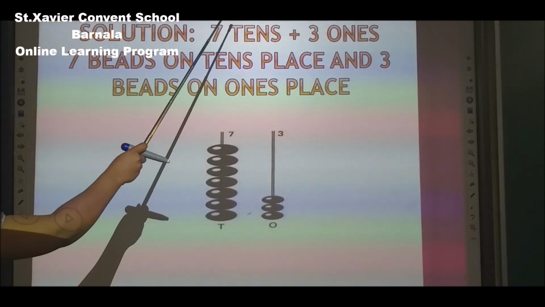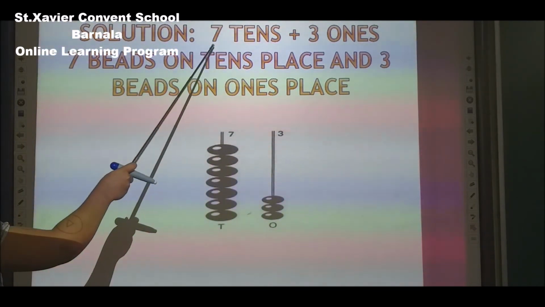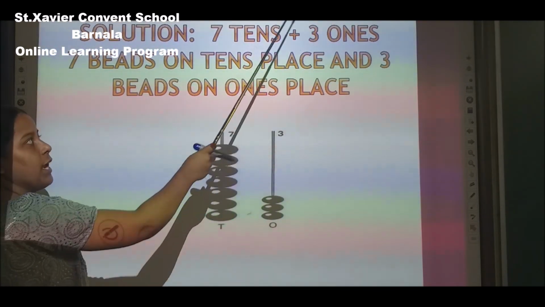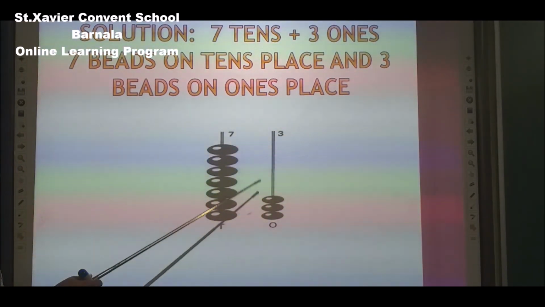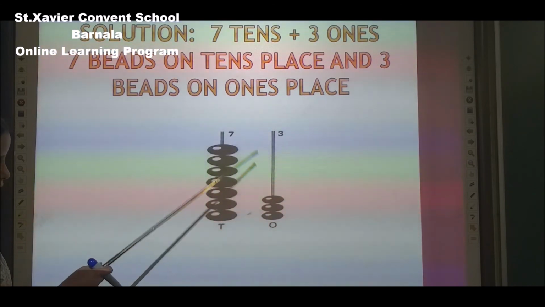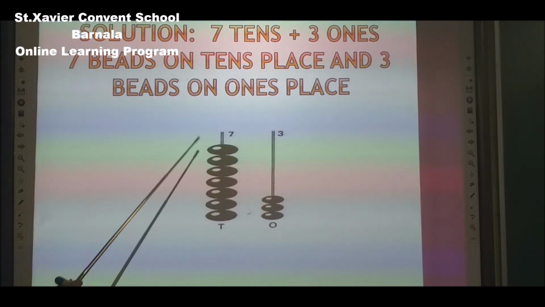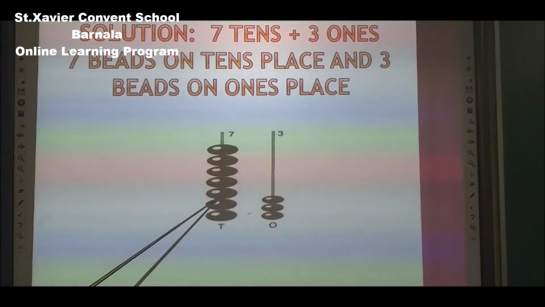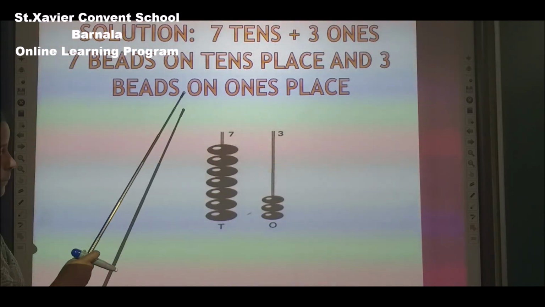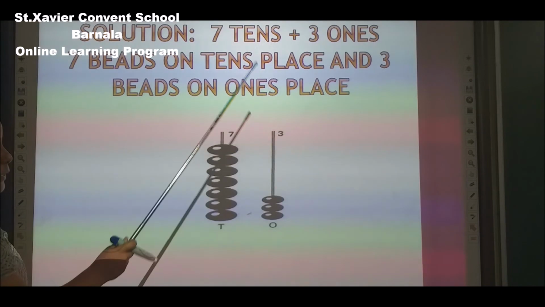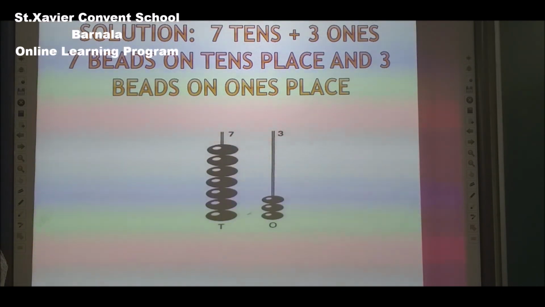So we know that at the tens place we have 7 beads and at the ones place we have 3 beads. So 3 beads are at the ones place, 1, 2, 3, and at the tens place we have 7 beads, 1, 2, 3, 4, 5, 6, 7. So 73 is represented on the abacus like this.